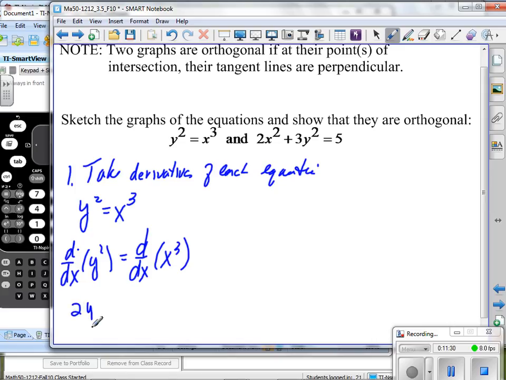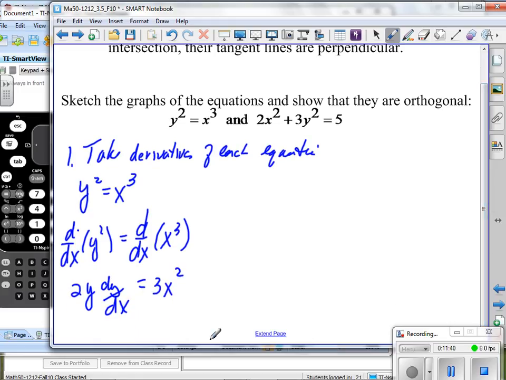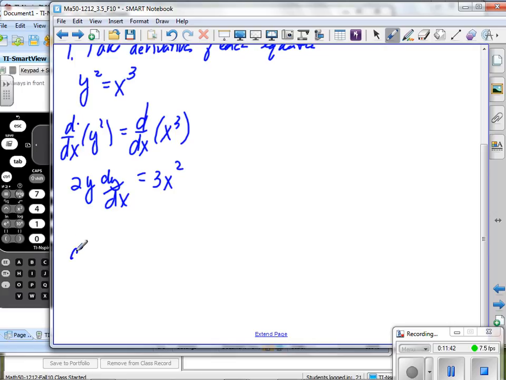So this would be 2y dy dx equals 3x squared. So its derivative is 3x squared divided by 2y.